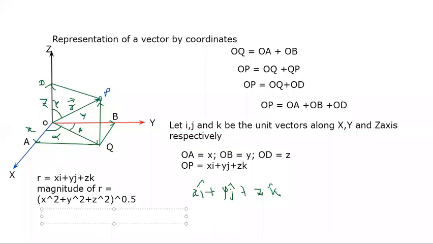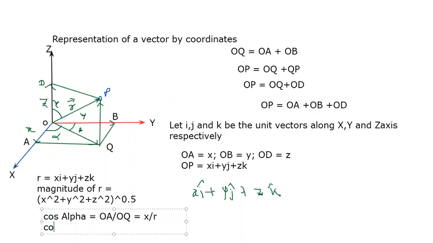So cos alpha will be equal to OA by OQ, which means x by R, right.